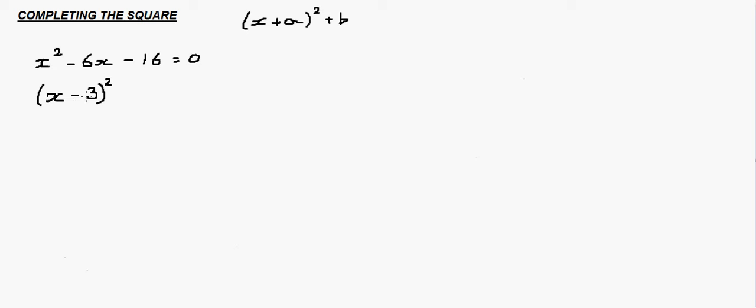Now I know when I square this that this x squared and this minus 6x is going to happen. The only thing that's going to change is this number. Because I know that, all I need to do is square minus 3. So minus 3 multiplied by minus 3 gives me plus 9.